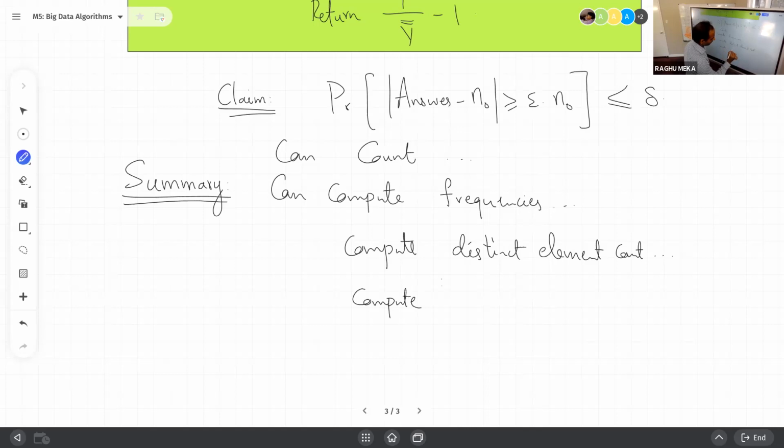You can compute... It's not clear maybe right now why you'd be interested in something like this, like the sum of squares of the counts.